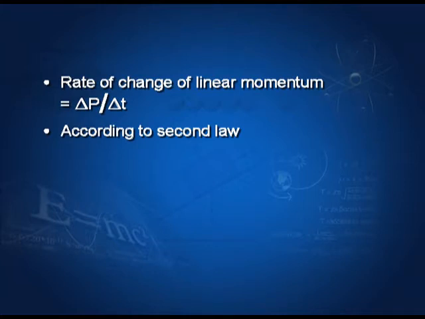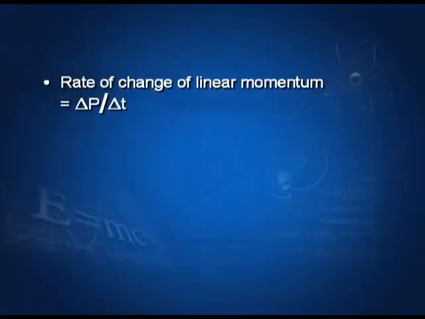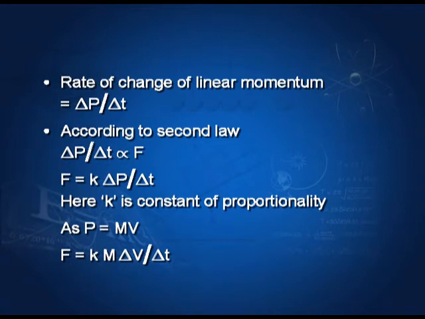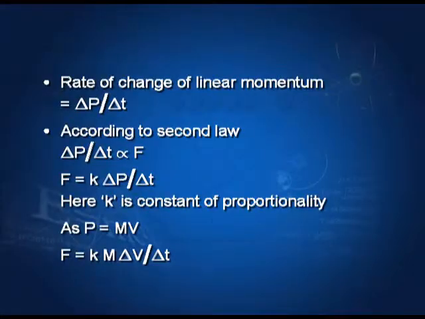According to the second law, delta p upon delta t is directly proportional to the force applied on the object. That means, delta p upon delta t is directly proportional to F. Putting a coefficient of proportionality k, we get F equals k delta p upon delta t. As p equals m v, substituting the value of p, we get F equals k m delta v upon delta t.